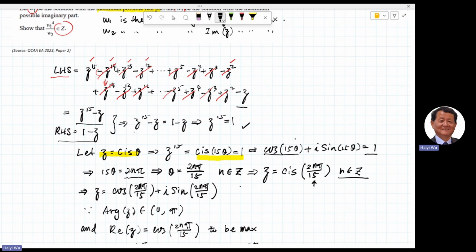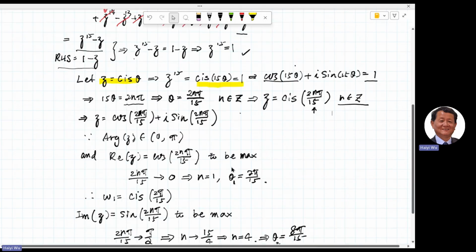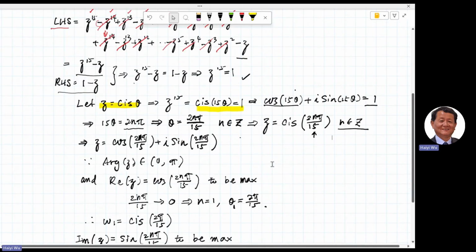Here n is an integer, but now we're going to decide what gives the maximum real component, so we need to decide n. We have a condition that the argument is only from 0 to pi, from the first quadrant to the second quadrant. For the real component of Z to be maximum, the argument must approach 0, because cosine 0 is maximum.